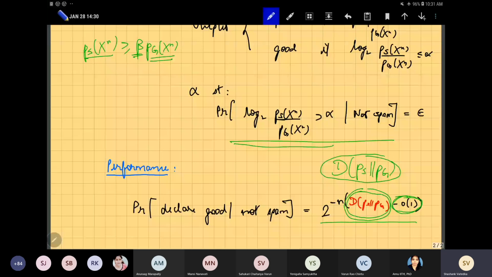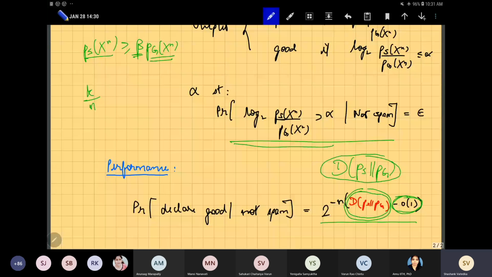Just as in the case of compression or channel coding, we were only interested in the rate, right? The rate was defined to be k over n, and we're interested in the limit of k over n as n tends to infinity. But for finite n, this behaves slightly differently.